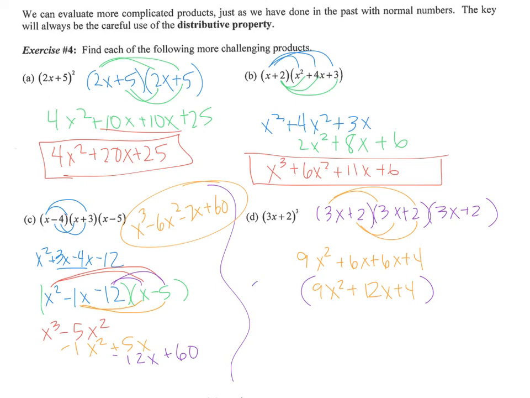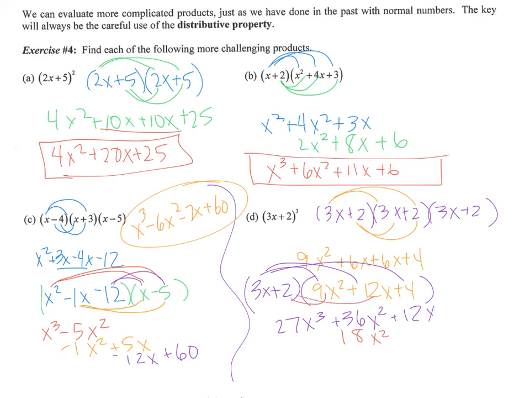And we have the 3x plus 2. So 3x times 9x squared is 27x to the third. Then we get 36x squared. Then we get 12x. And 18x squared.